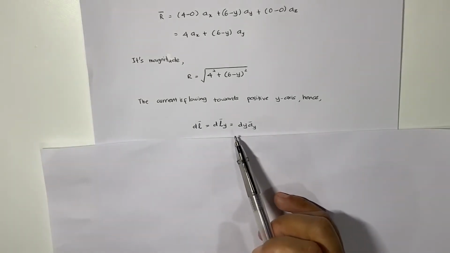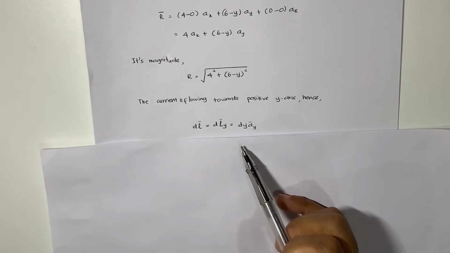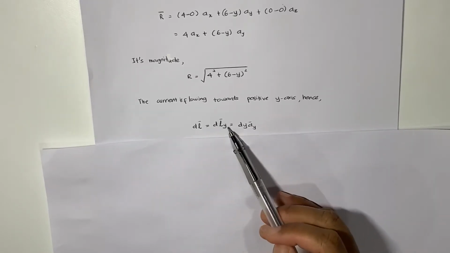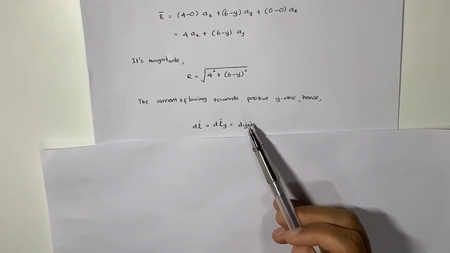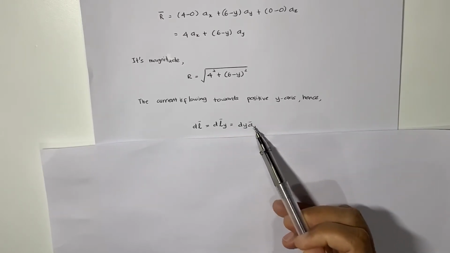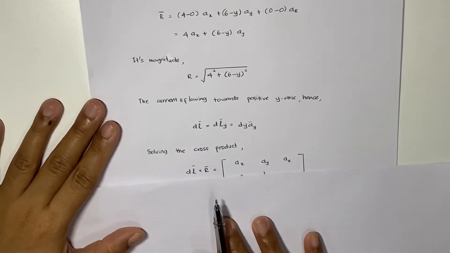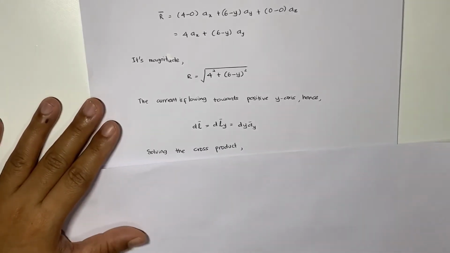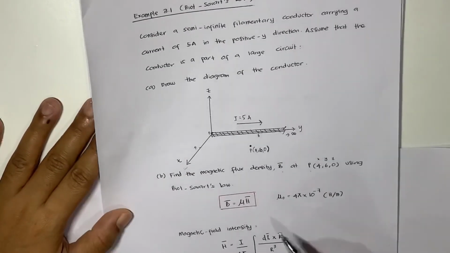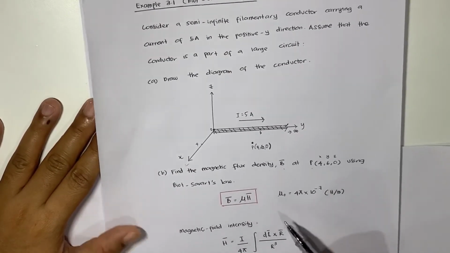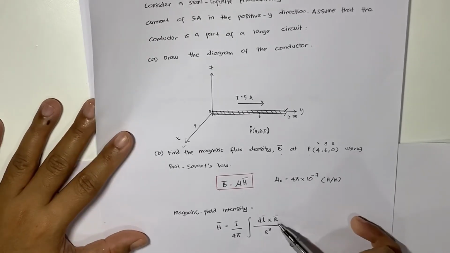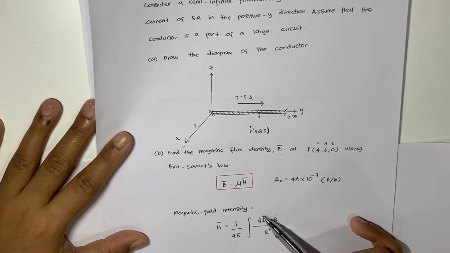If we refer to the table in chapter 1, dl for the Cartesian coordinate along y is dy ay. Solving the cross product: now we already have dl, we already have vector R and also the magnitude of R, but you must take the cross product of dl and R.